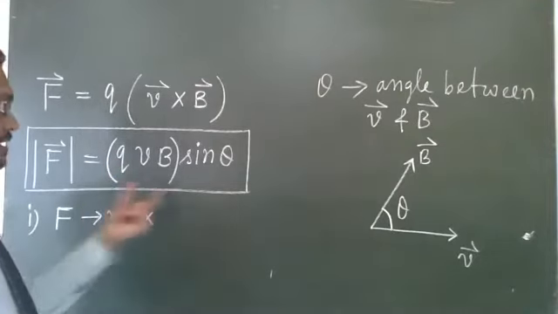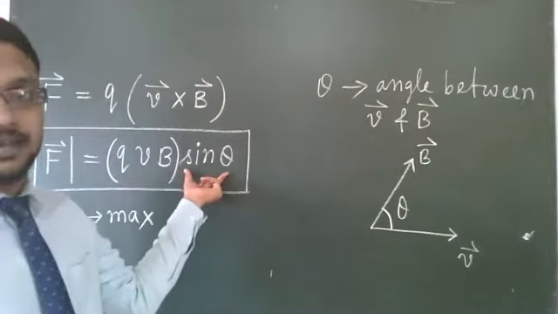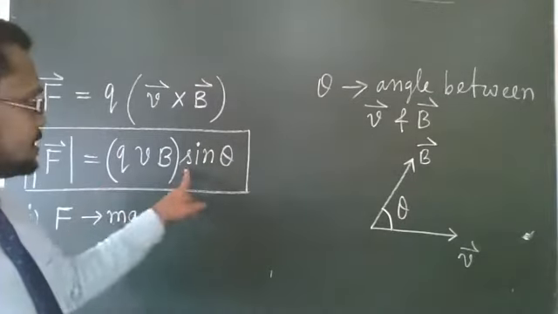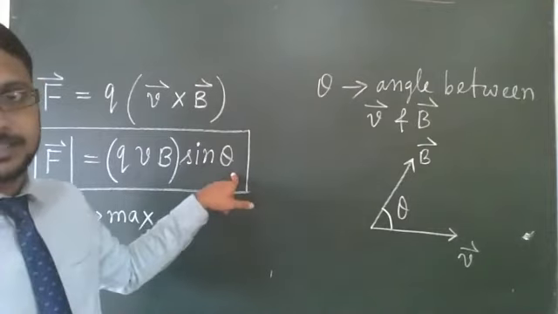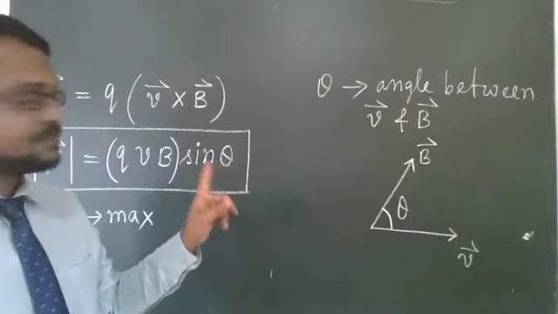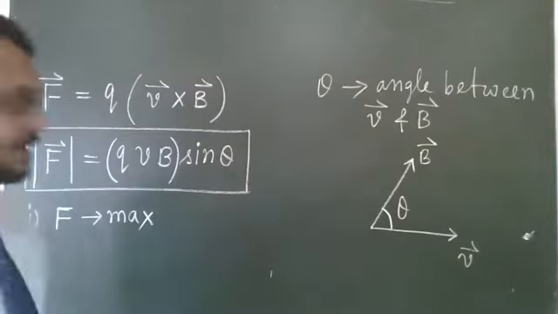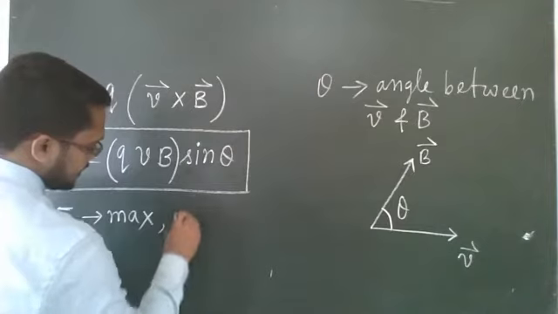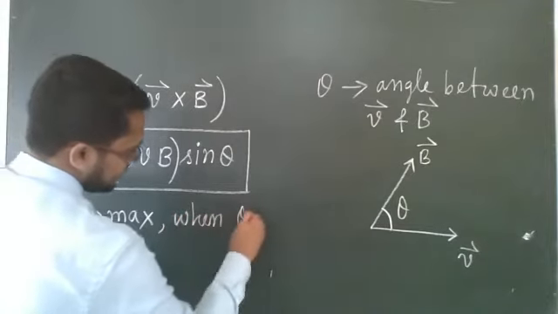Only sine theta changes with the angle between v and B. So F will be maximum when sine theta is maximum. Sine theta maximum means 1, and 1 means theta is 90 degrees. So F will be maximum when theta equals 90 degrees.